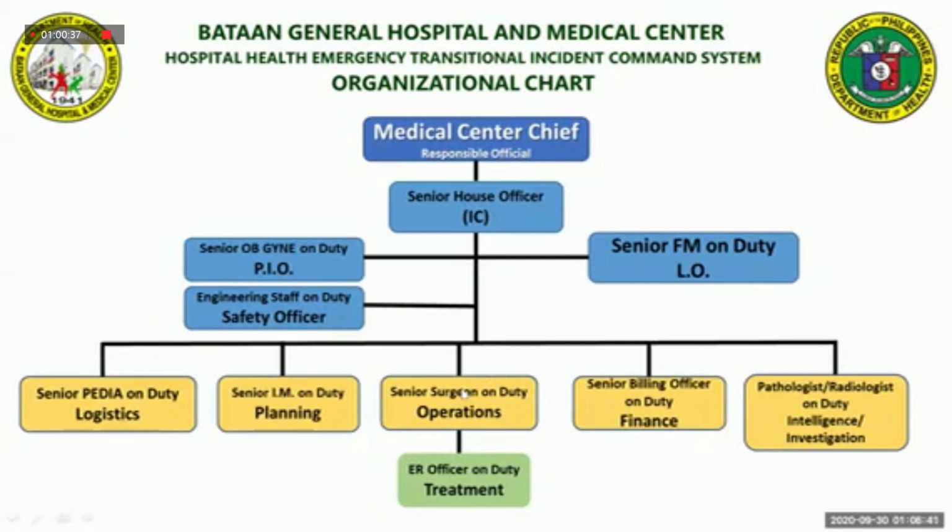The surgeon would be involved in operations, the ER med in terms of treatment, senior billing for the finance, and even the pathologists and radiologists you can mobilize in terms of intelligence or for investigation.